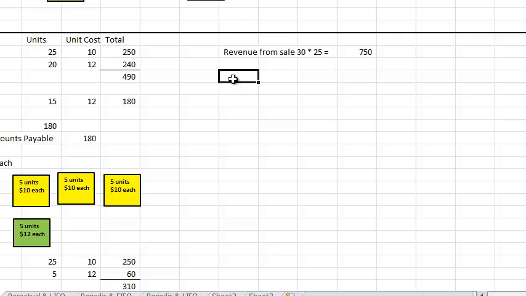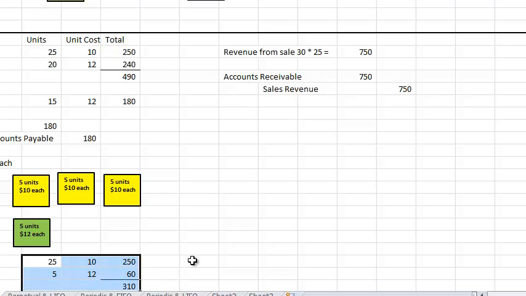So in order to journalize this transaction, first to journalize the revenue side, we're going to debit accounts receivable for $750 and credit our sales revenue. Now to journalize the cost side, we've calculated the cost of the sale is $310 given the FIFO assumption.